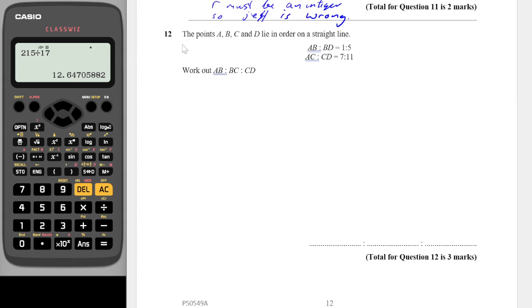Okay, question 12. The points A, B, C, D lie in order on a straight line. The ratio of AB to BD is 1 to 5, and the ratio of AC to CD is 7 to 11. Work out AB to BC to CD. Okay, so let's set up a very messy ratio table.